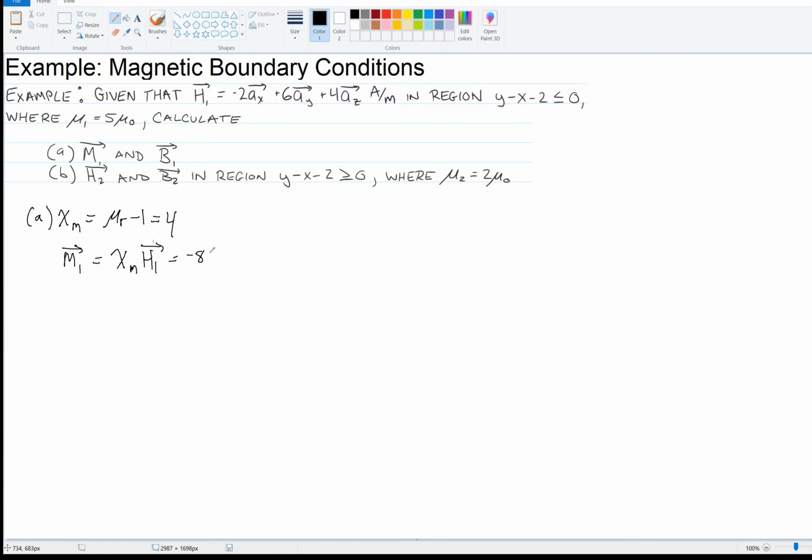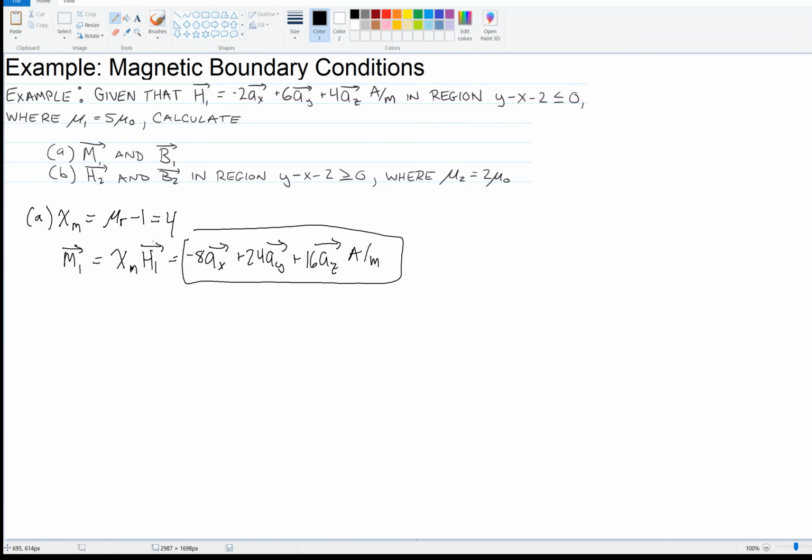Okay, that's pretty straightforward, I think. So that's minus 8 ax, straightforward if I could say it correctly, plus 24 ay plus 16 az. And that is, magnetization is amps per meter, like that. So that's our answer, or at least part of our answer for part A.